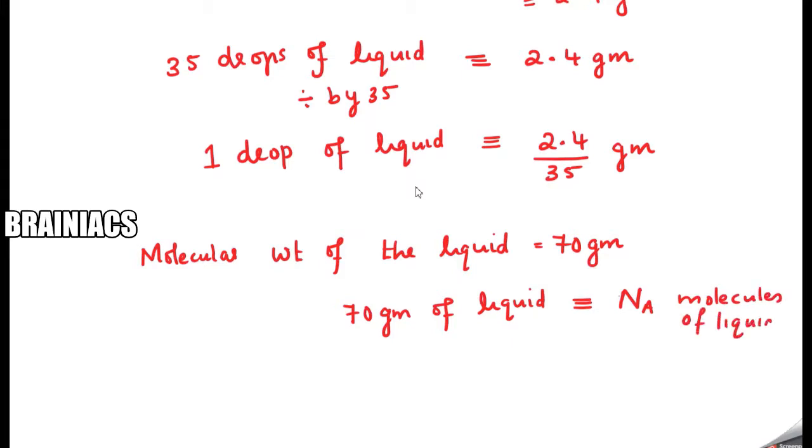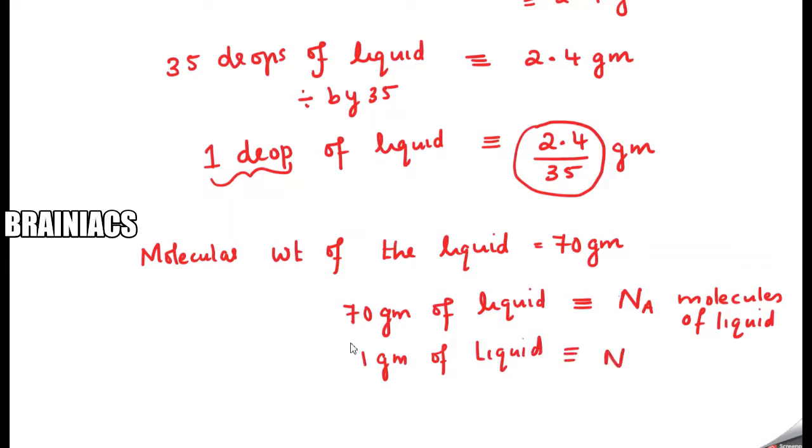Now 70 gram contains Avogadro molecules, but one drop has a mass of 2.4 divided by 35. So I need to know how many molecules are there in 2.4 divided by 35, because that corresponds to one drop. So let me find out for 1 gram. 1 gram of liquid has Na by 70 molecules.